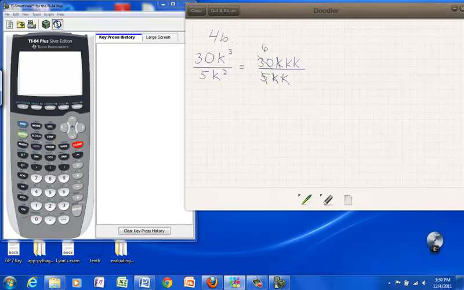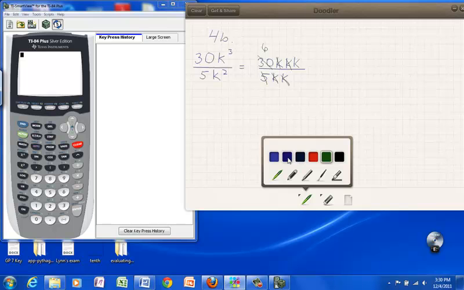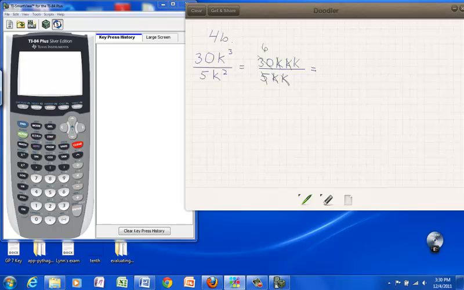K's will cancel. Another K will cancel. So I'm left with 6K. And again, that is 6K over 1, which is just equal to 6K. I will count it right if you don't bother to write that step.